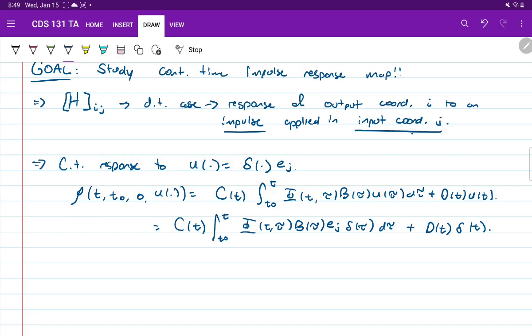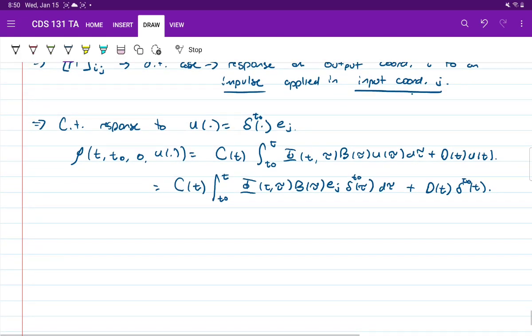And actually, what I'm going to want to do here is use a shifted delta. Excuse me. So this should be at t naught. This should be at t naught. Okay? And remember, our reasoning for that was that this impulse response map should start at time t naught and go up until time t. Okay. All right. With that fixed, we can get back to it.